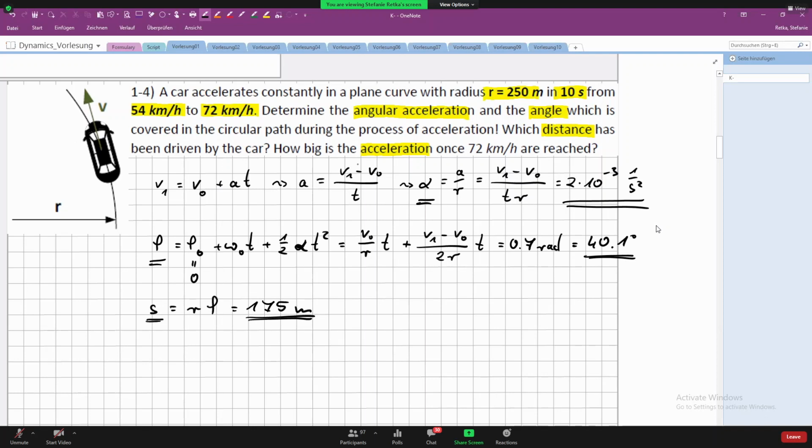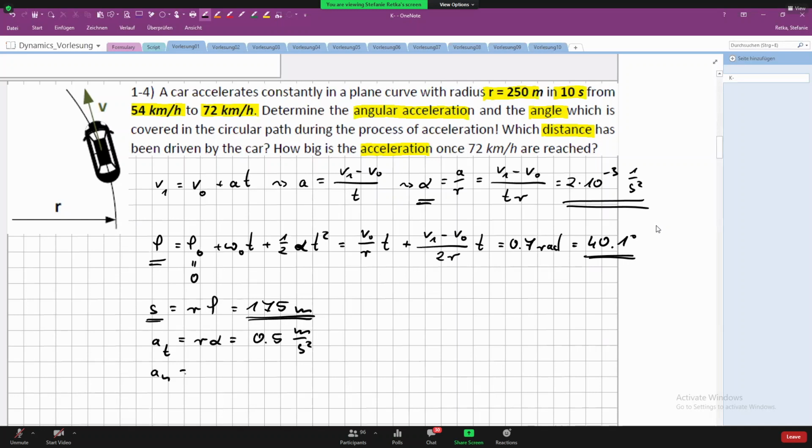And last question, how big is the acceleration once the 72 kilometers per hour are reached? Here for the acceleration, we have to distinguish between tangential and normal acceleration first, and then we can build the absolute acceleration. The tangential acceleration a_t is r times alpha, 0.5 meter per square second.